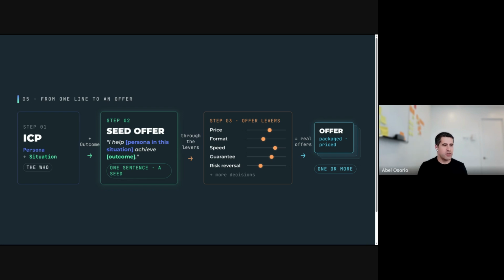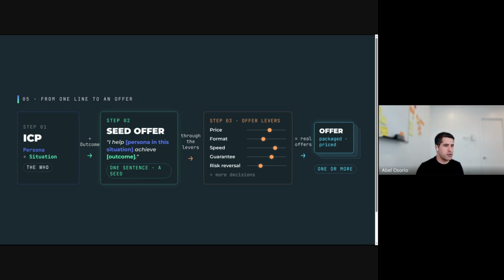Great. So for that, we use our offer levers. I think there are 17, but basically, they are the different things that you can play with, using your initial seed offer, to come up with products that you can put in front of them.